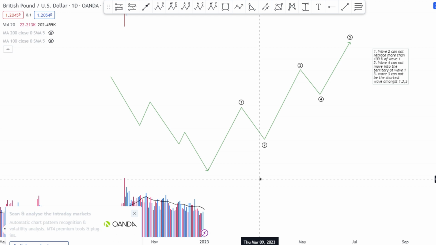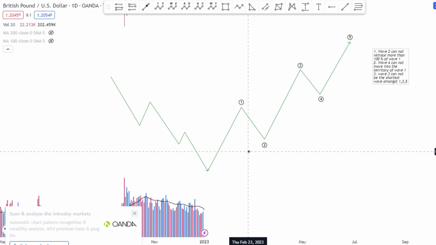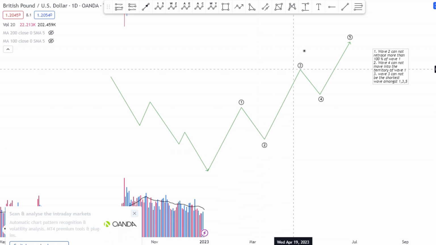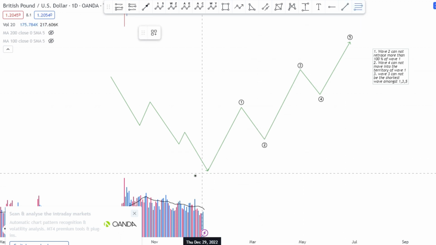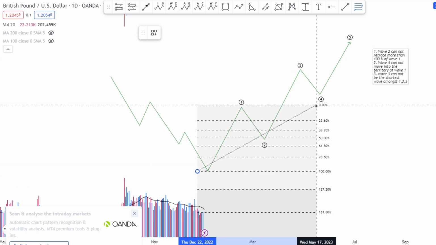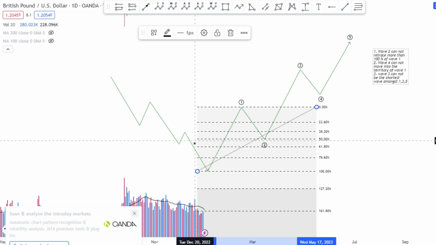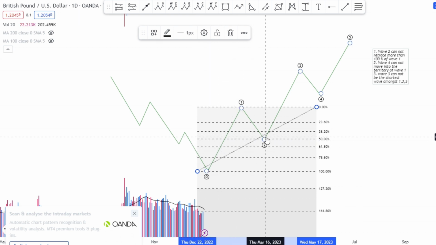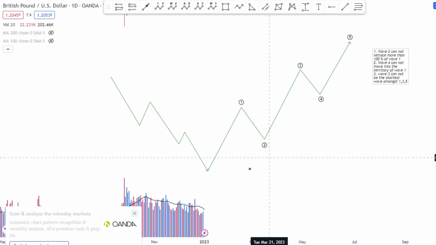Wave 2 will retrace by either 50, 61, or even 78. When you draw Fibonacci from this point up to this point, you will see wave 2 retracing around 50, or 61, or even 78 at maximum. At most it will retrace around 78.